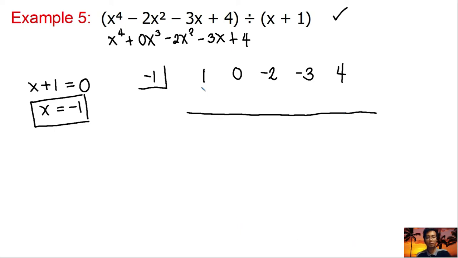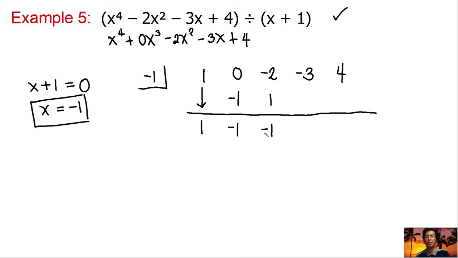So, following the steps na inaral natin kanina, bring down the first number. So, bring down 1. Negative 1 times 1 is equal to negative 1. Add 0 plus negative 1, that is negative 1. Times ulit. Negative 1 times negative 1, that is equal to positive 1. Next, add ulit. Negative 2 plus 1, that is equal to negative 1 again.